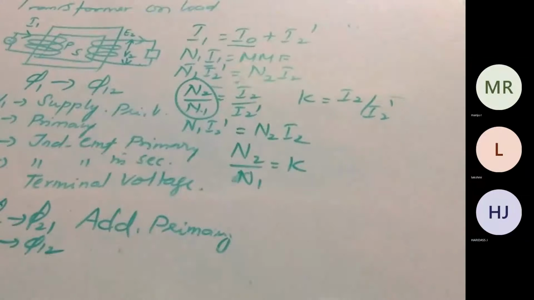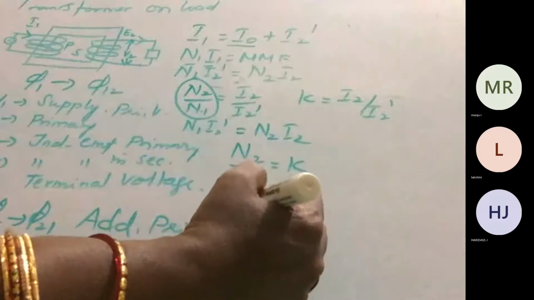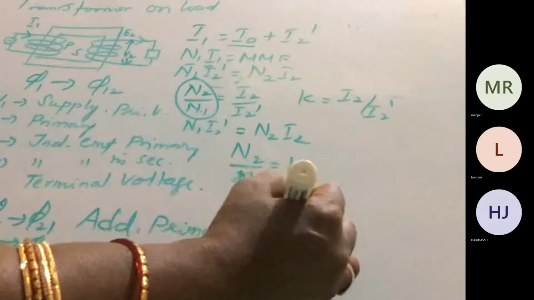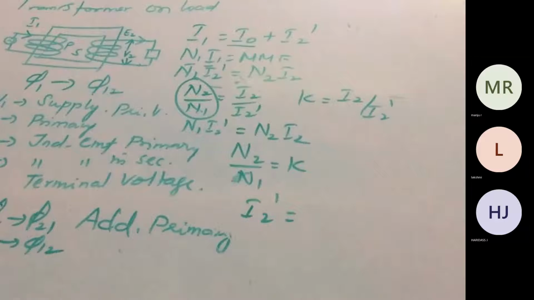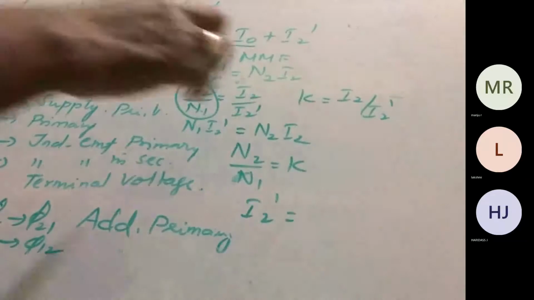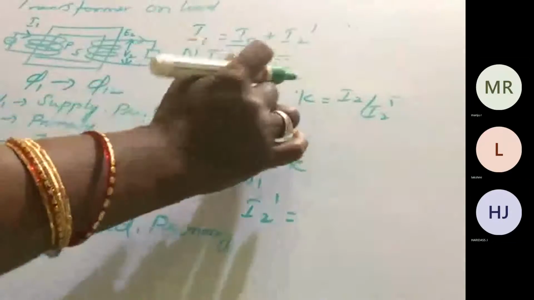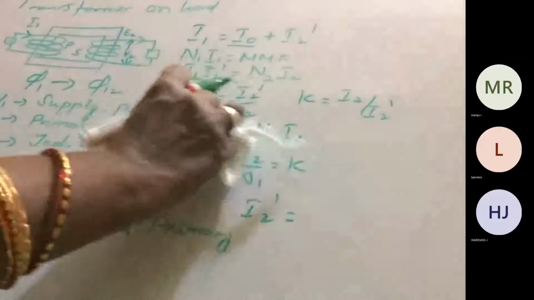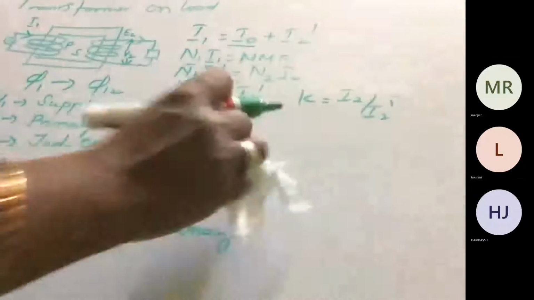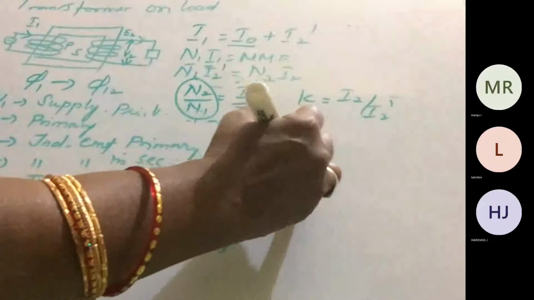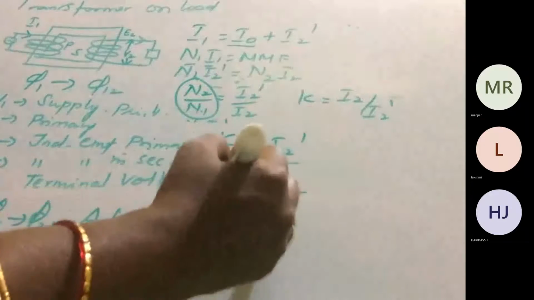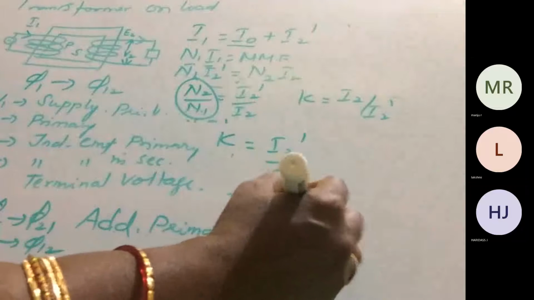So N2 I2 equal to N1 I2 dash. From that, I2 dash by I2 equals N2 by N1. N2 by N1 equals K. So I2 dash by I2 equals K, and we can write I2 dash equal to K into I2.